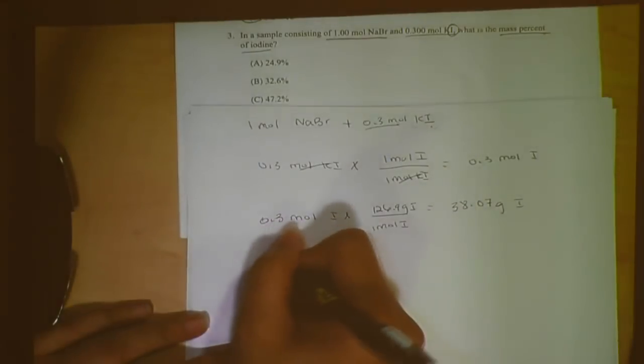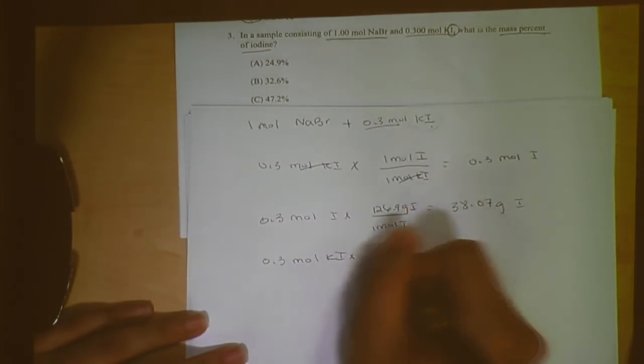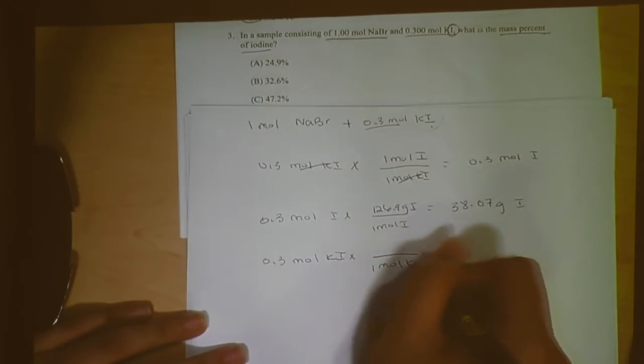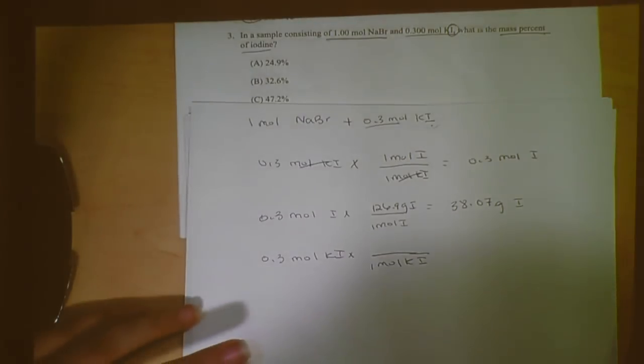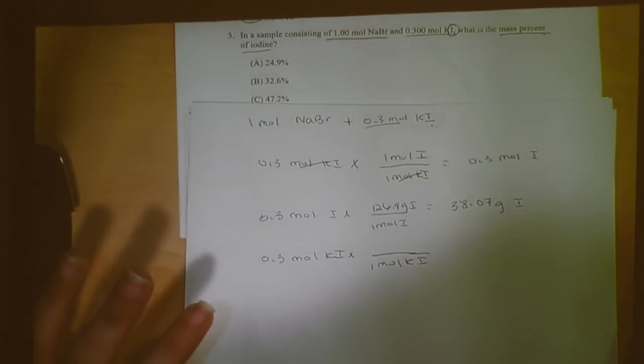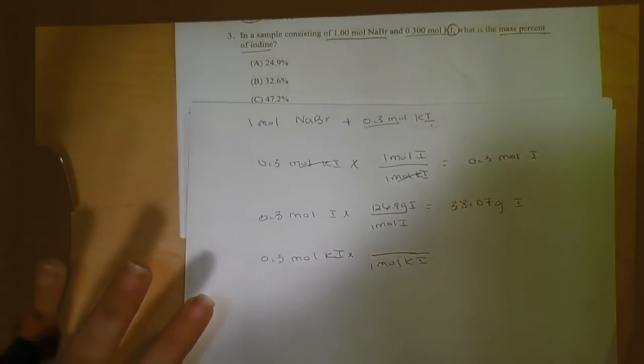If we look at how many grams KI I have, I'm going to go 0.3 moles KI, convert it to grams. So 1 mole KI is going to have both K and I added together. So that's the molar mass of KI. So 126.9 plus K, which is 39.